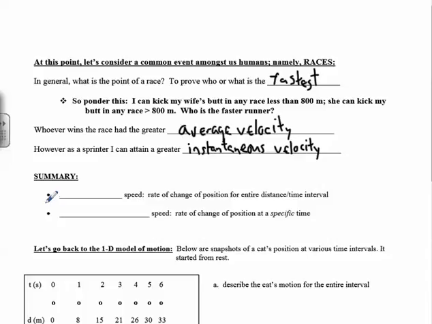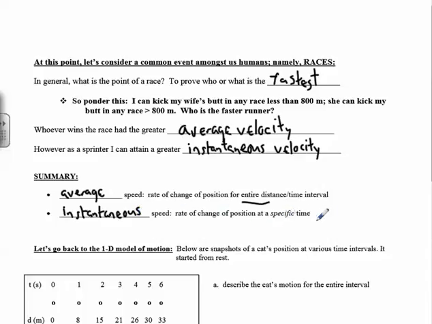Another way of looking at the definitions: average speed is the rate of change of position for the entire distance or time interval in question, and instantaneous speed is the rate of change of position at a very specific time.